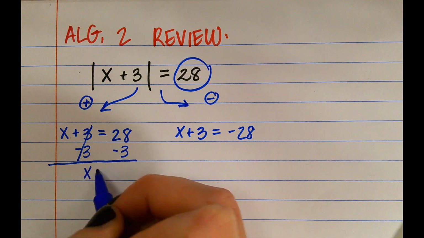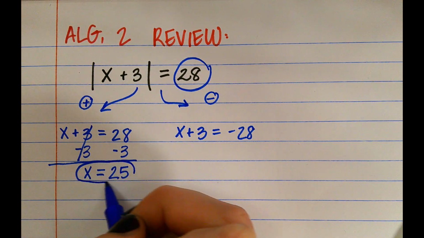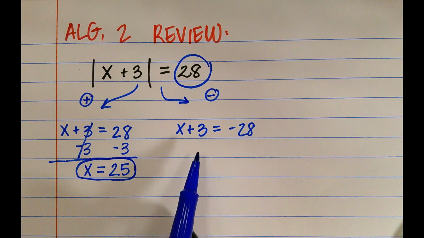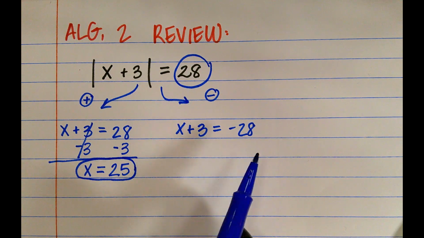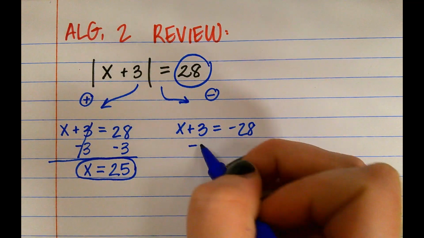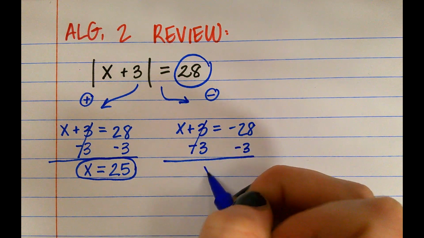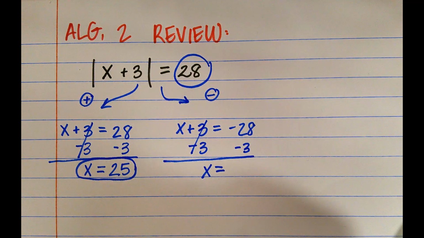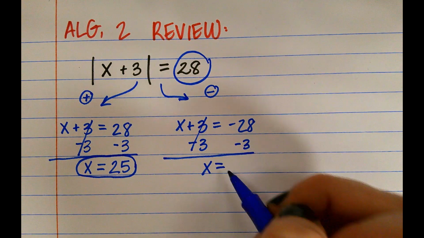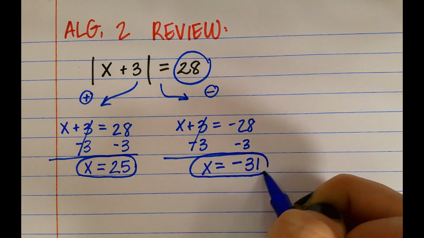We get x equals 25. Now I'll go to my negative equation. x equals negative 31. Very good.